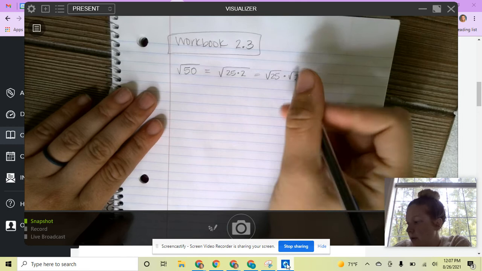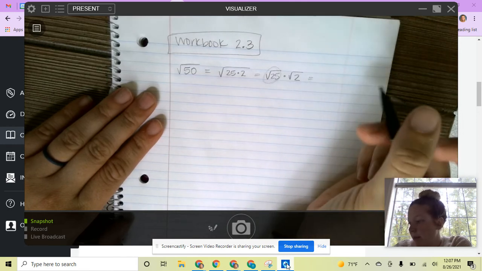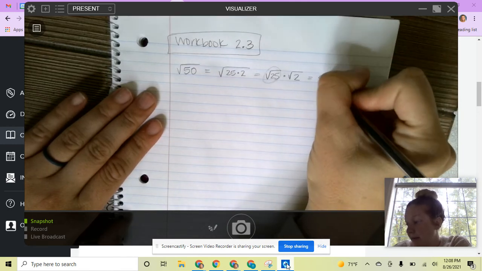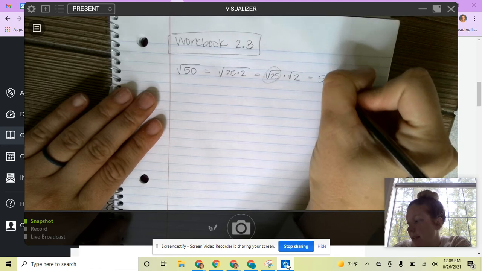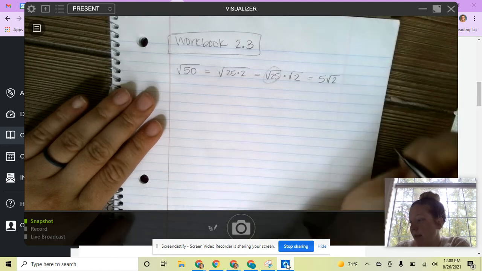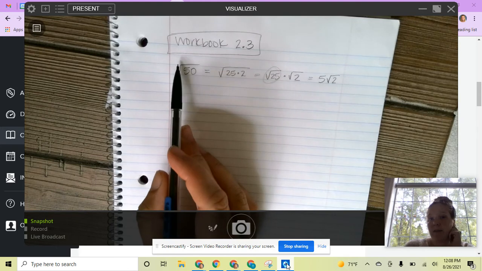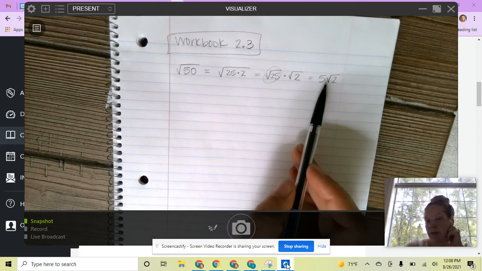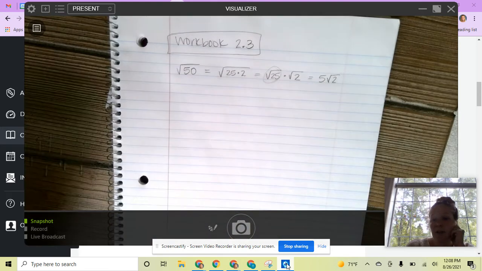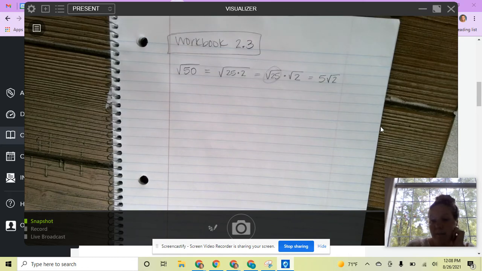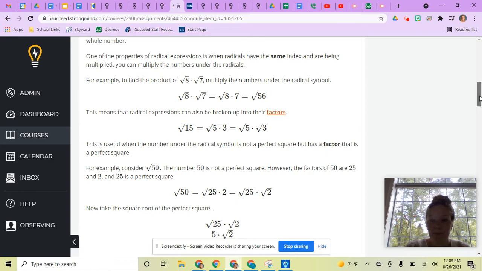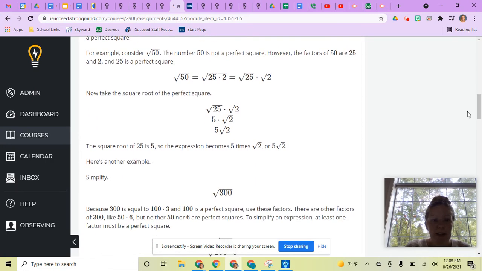Then the square root of 25 is a perfect square. We just talked about that. The square root of 25 is 5. And now we still have this square root of 2. So we've simplified the square root of 50 into 5 times the square root of 2. That's what they're talking about in simplifying radicals. Okay, so they did that same thing.